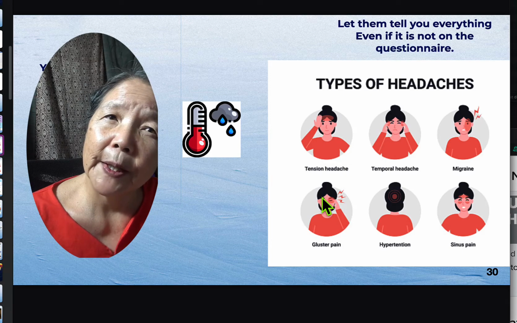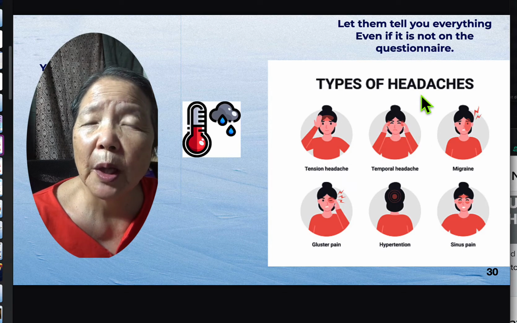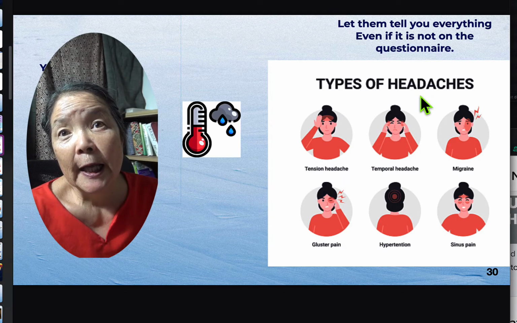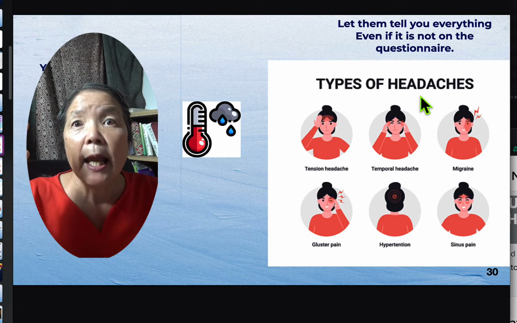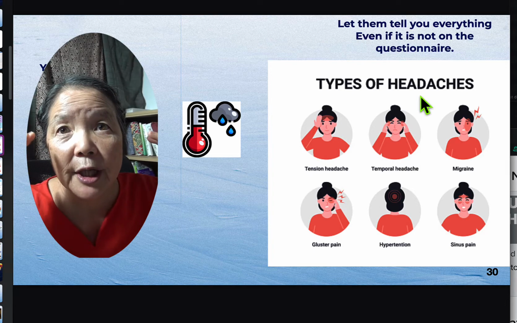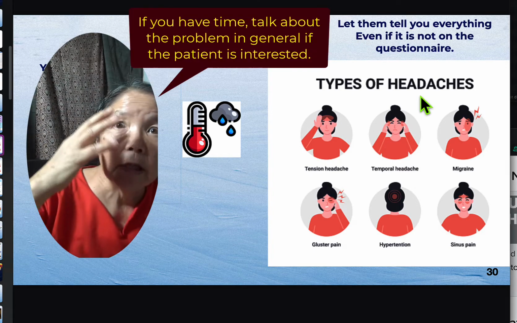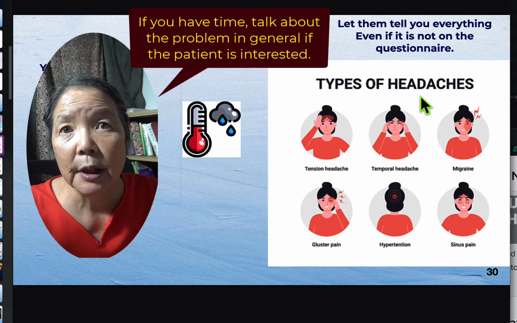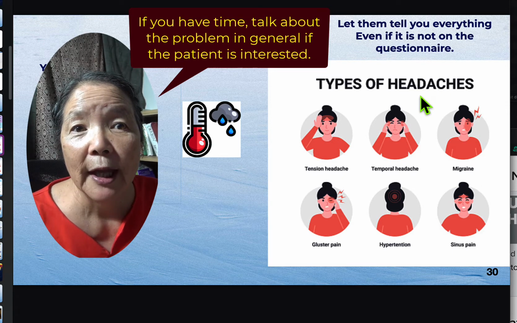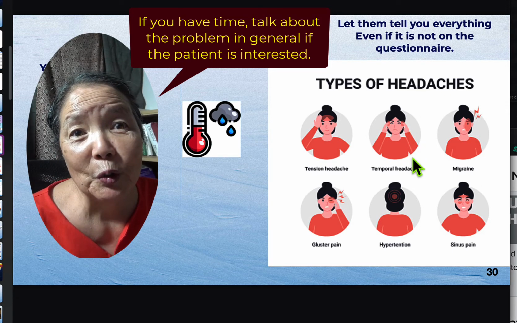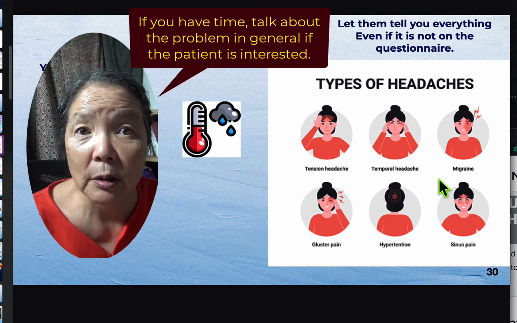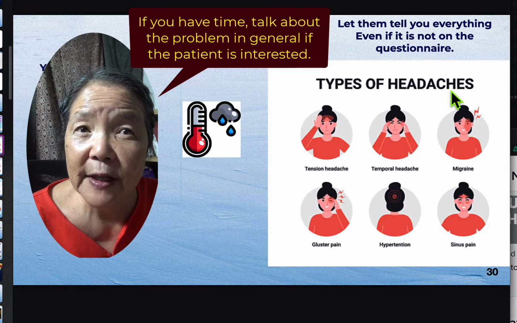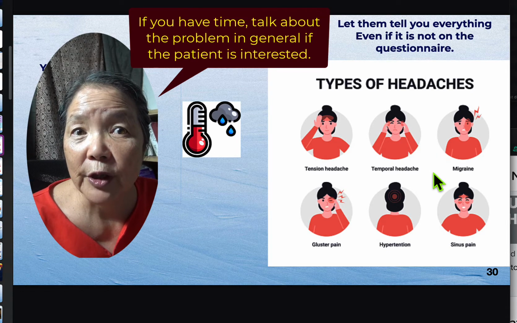Now again, when the patient is talking to you about some phenomena, they know about the various types of headaches, and they will be trying to tell you all the information about headaches that they know. And if they don't, you might ask a few questions about headaches in general, even if they're not on the questionnaire.